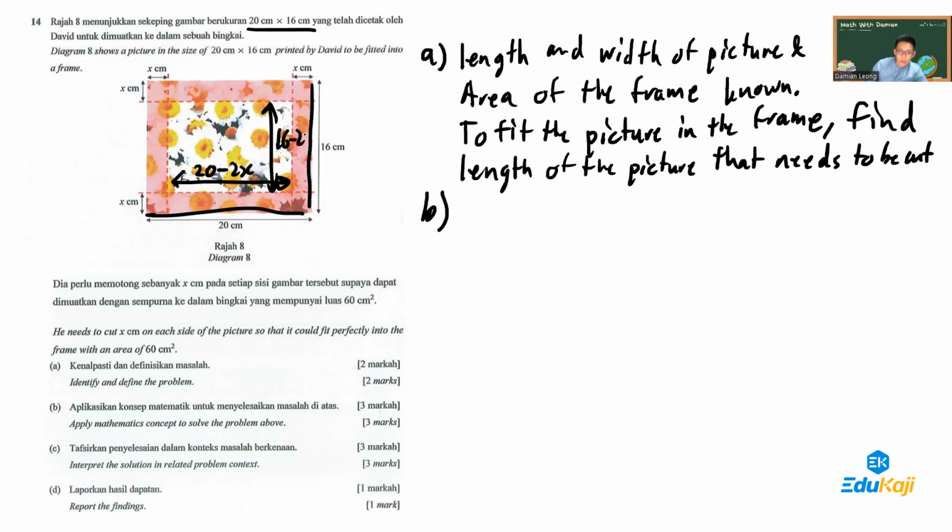And here is 16 minus 2x, x here, x here. So when I multiply them together, 20 minus 2x times 16 minus 2x equals 60 cm squared, the area. That is given. So that's basically the mathematics concept to solve the problem.